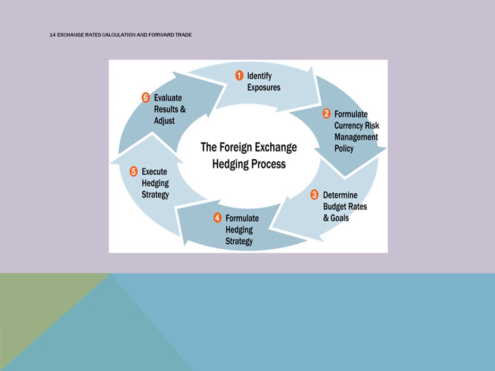After that, we formulate the hedging strategy. The process of execution of the hedge strategy follows thereafter. Then we evaluate the results and adjust. This is the complete cycle of the hedging process.